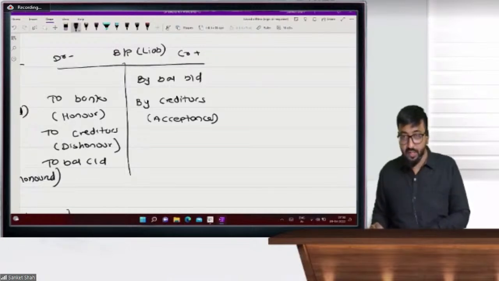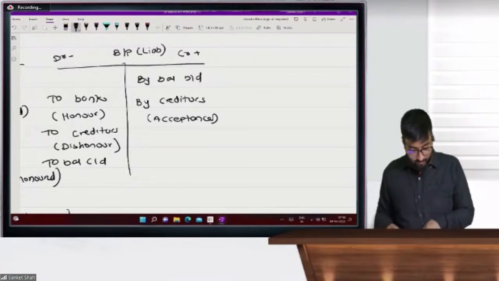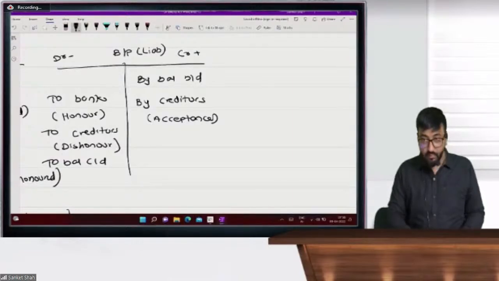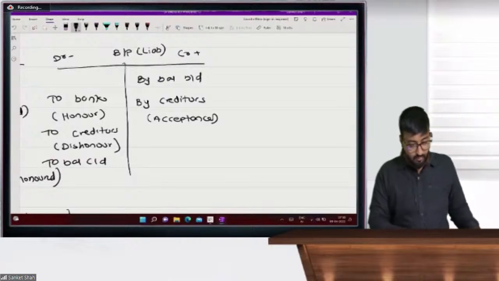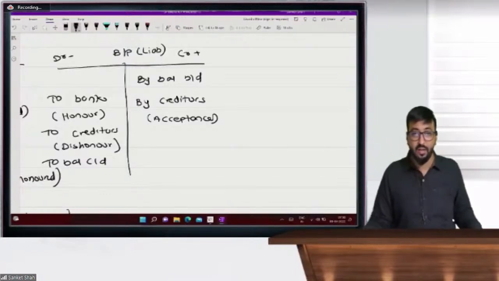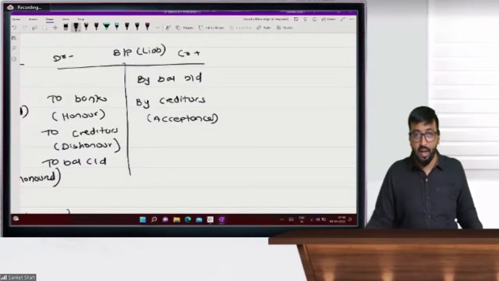Bill of exchange entries over. Yes, entries are bills payable, by balance brought down, by creditors, to bank, honor, and to creditors, dishonor, and to balance carried down.